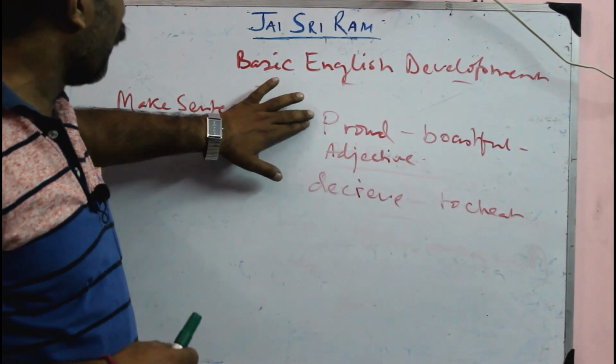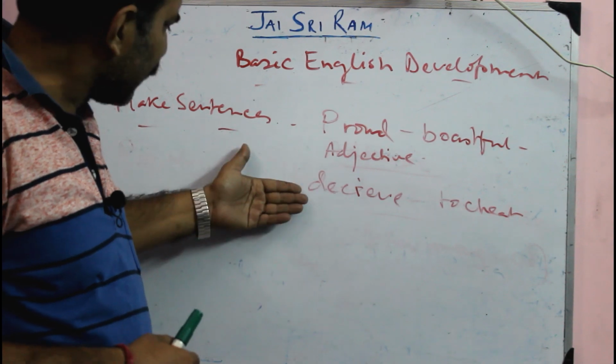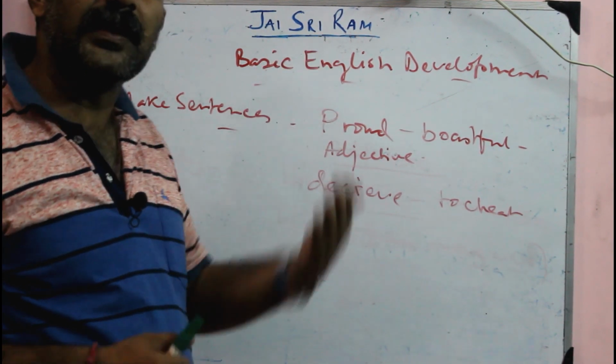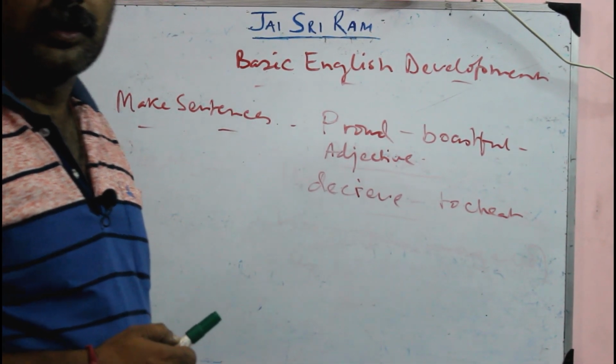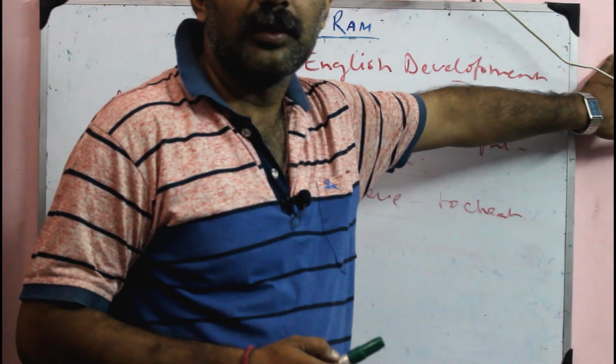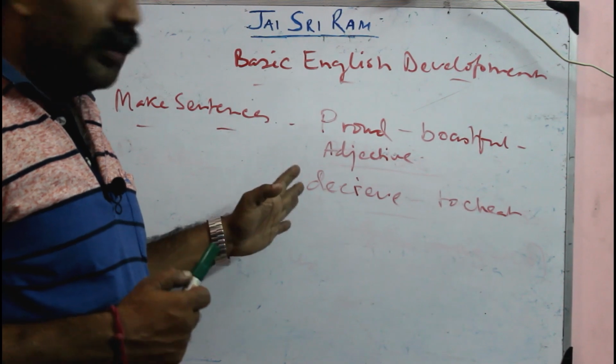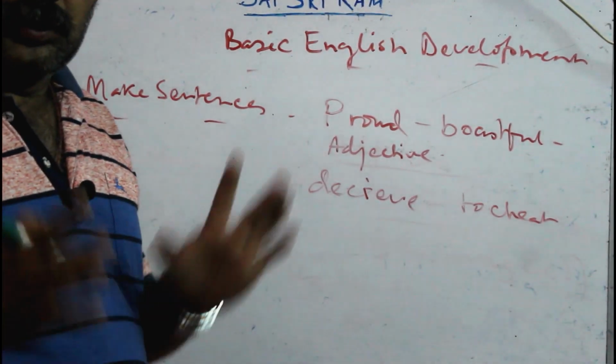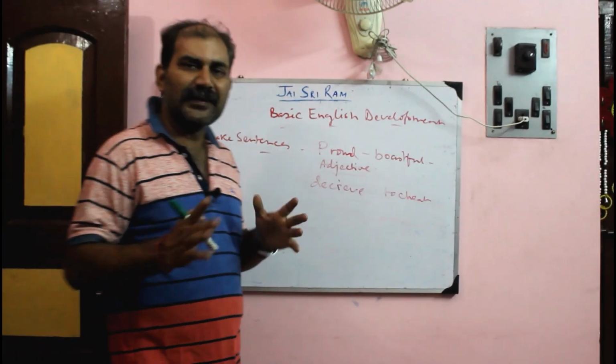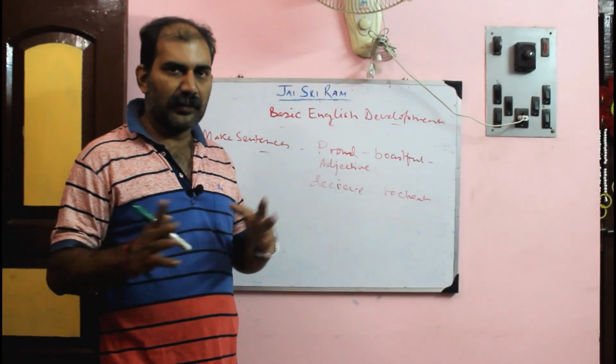So first we are taking up one word, making a sentence, another word, making a sentence. In this way we were moving, but after some time, depending upon how quickly the students can adjust, we shall go to double word make sentences.